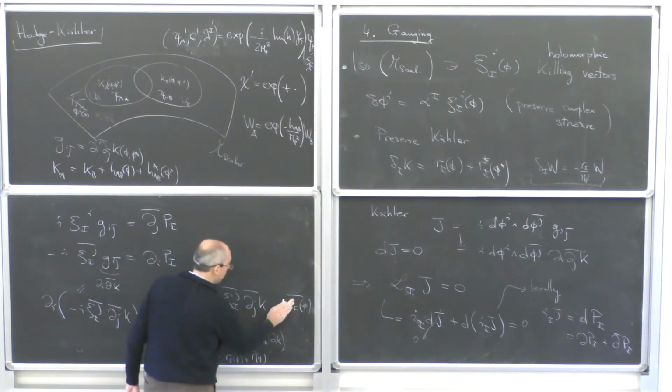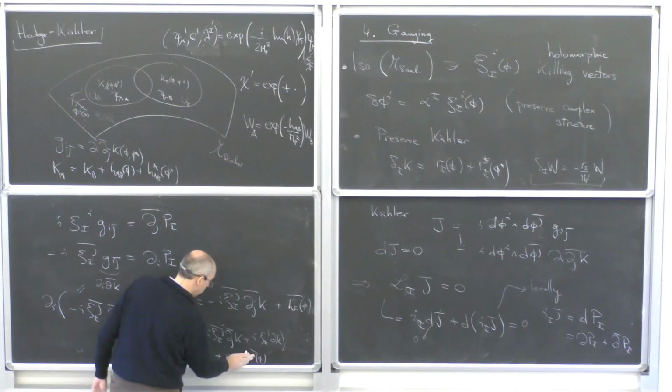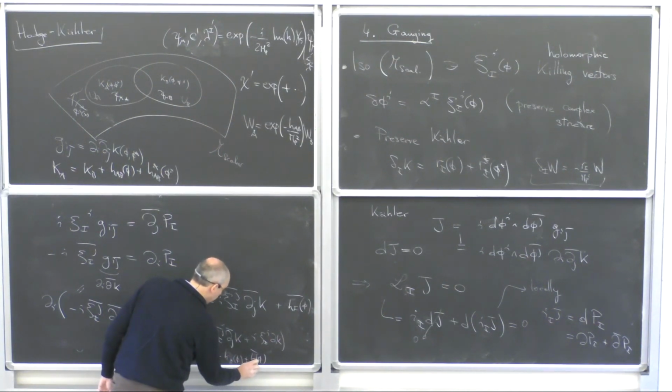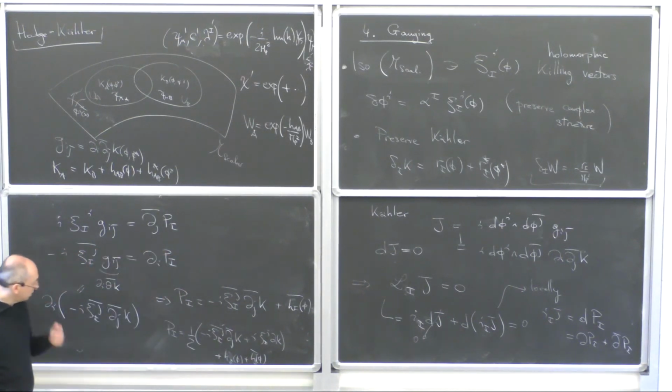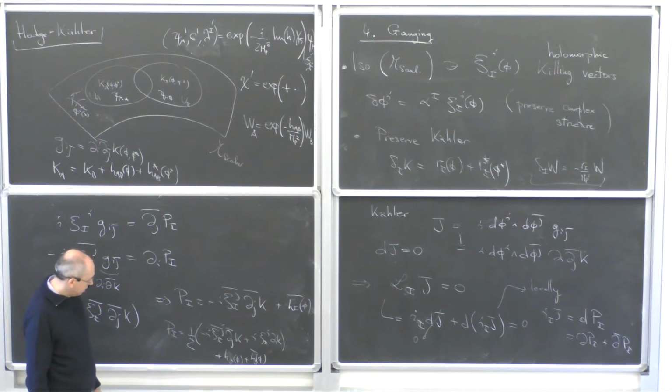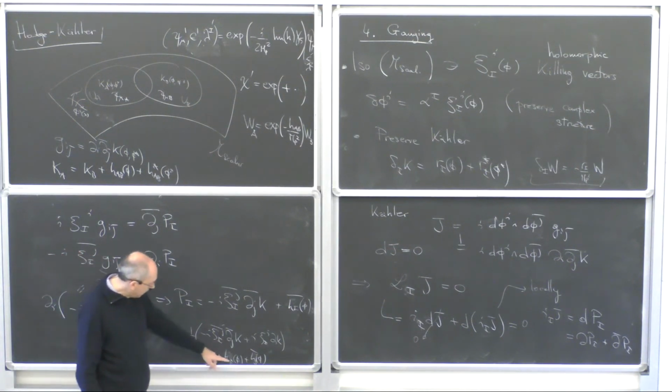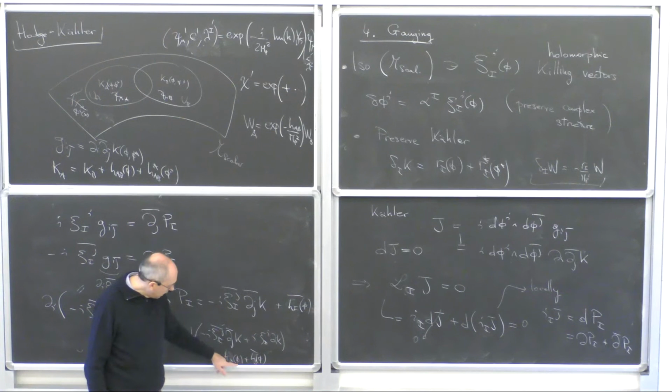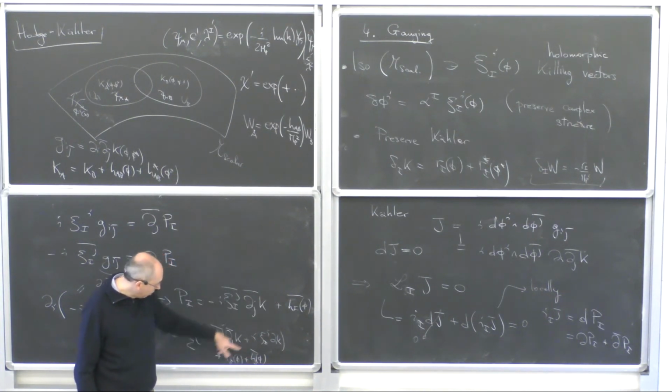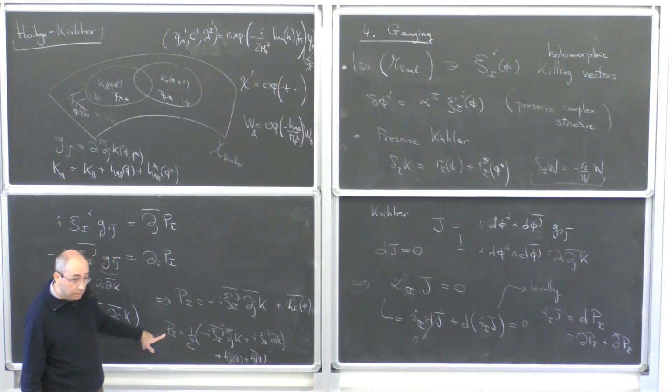Well, maybe I should not call them with the same name as there. Let me call it H. Okay, which also tells you that you can arbitrarily introduce an imaginary constant in your H, which will not affect the form of the prepotentials.